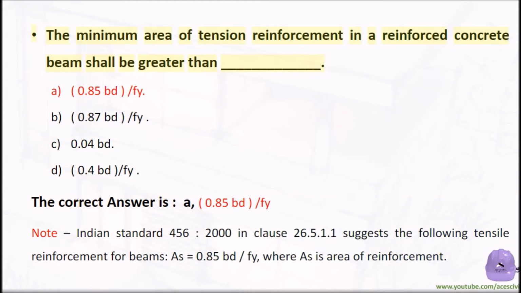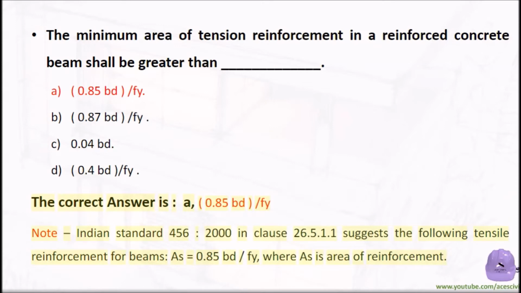The minimum area of tension reinforcement in a reinforced concrete beam shall be greater than: A. 0.85 bd/fy, B. 0.87 bd/fy, C. 0.04 bd, D. 0.4 bd/fy.